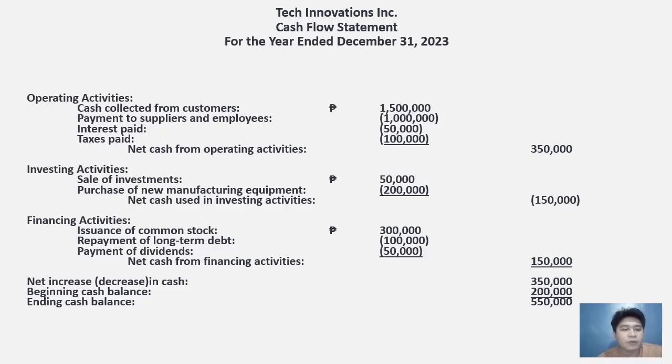From the example earlier, the operating cash flow or OCF is 350,000 pesos, which is the net cash from the operating activities. And the capex or the capital expenditure is 200,000 pesos, which is from the investing activities. It is the purchase of new manufacturing equipment.